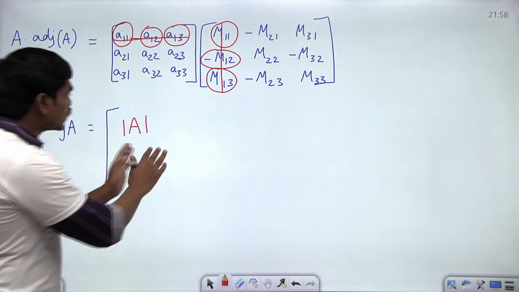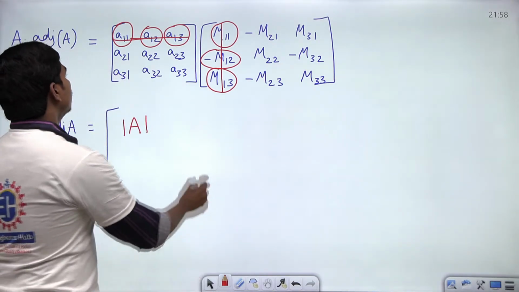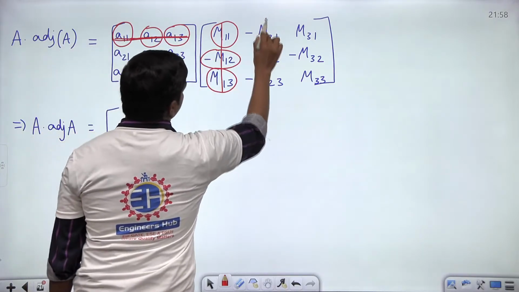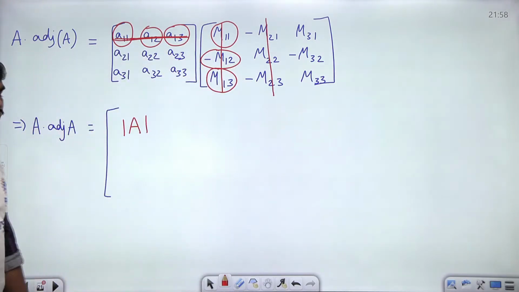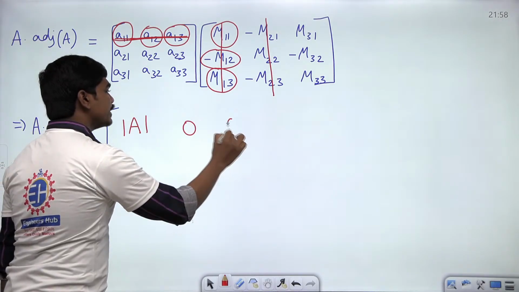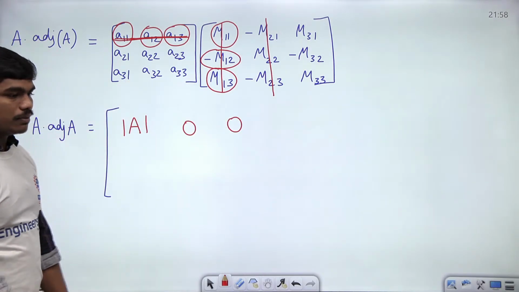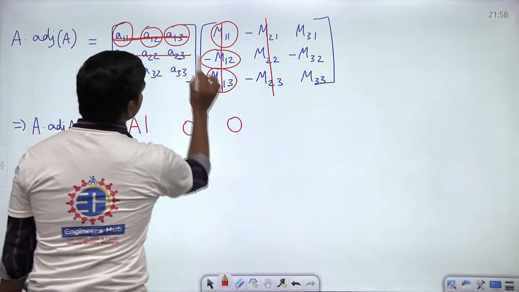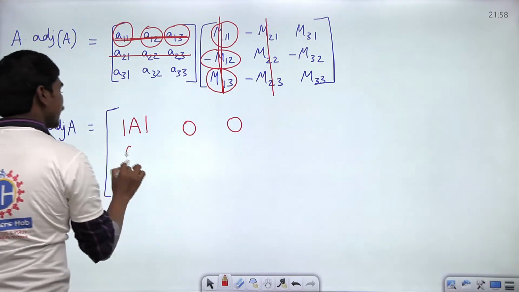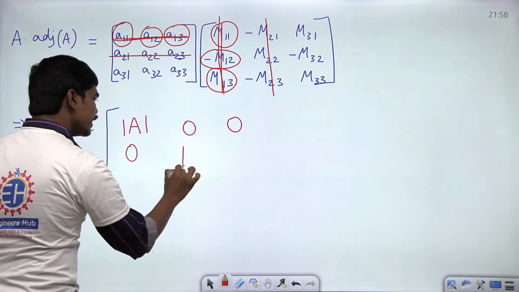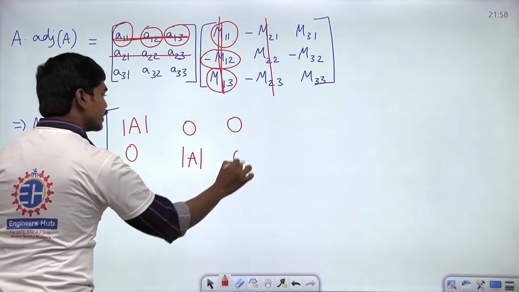Now if you multiply the first row with the cofactors of the second row, that gives you a 0, and here also we will be getting a 0. Similarly, if you multiply the second row with the cofactors of the first row, you will again get 0. Here you will get det A, and here again 0.